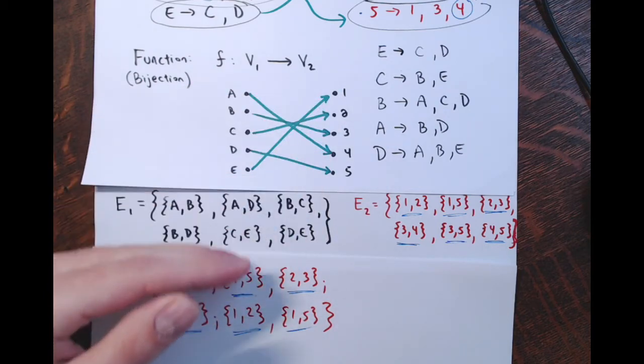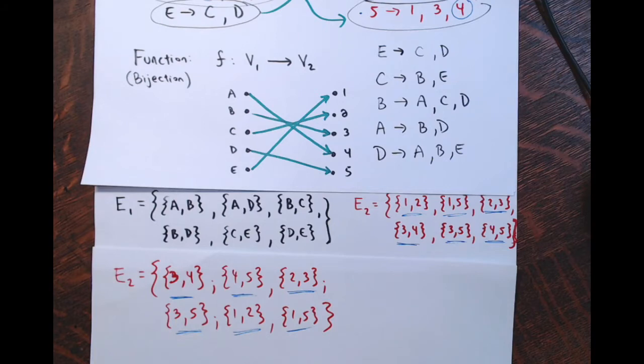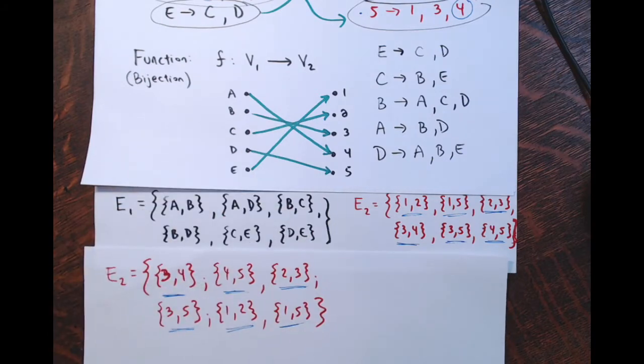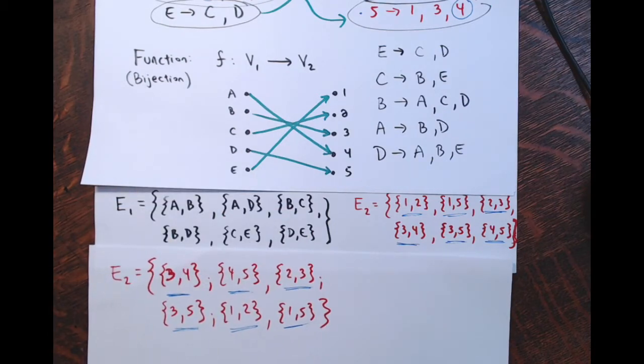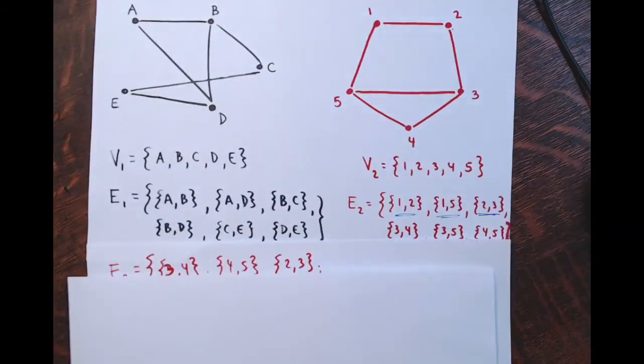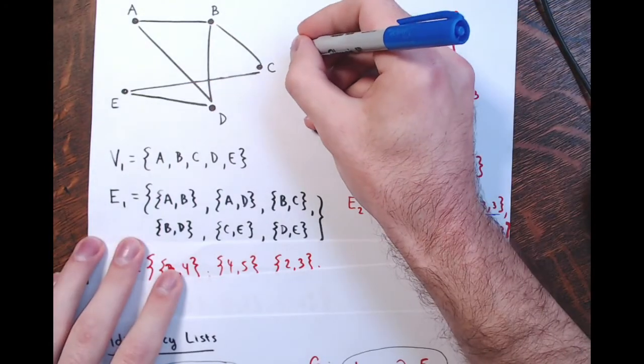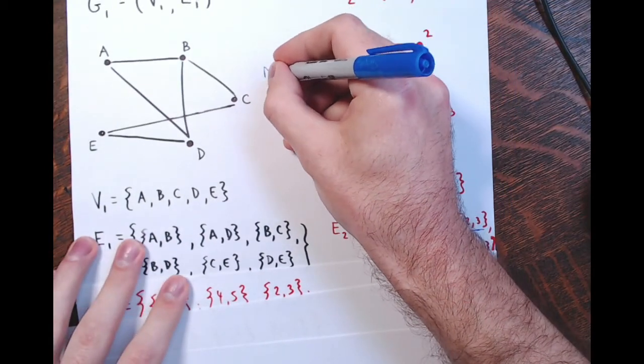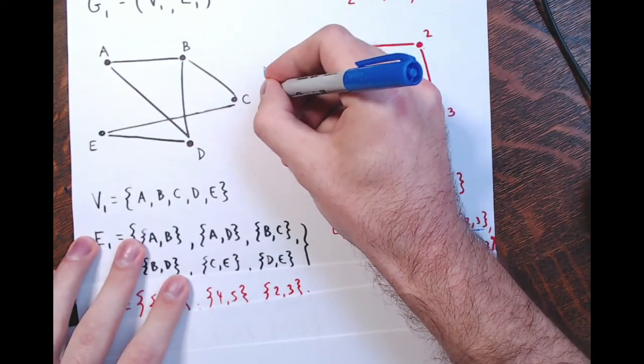It tells me what edges correspond to one another, and these graphs do have the exact same structure. So after all that, I would definitely say that these two graphs are isomorphic.